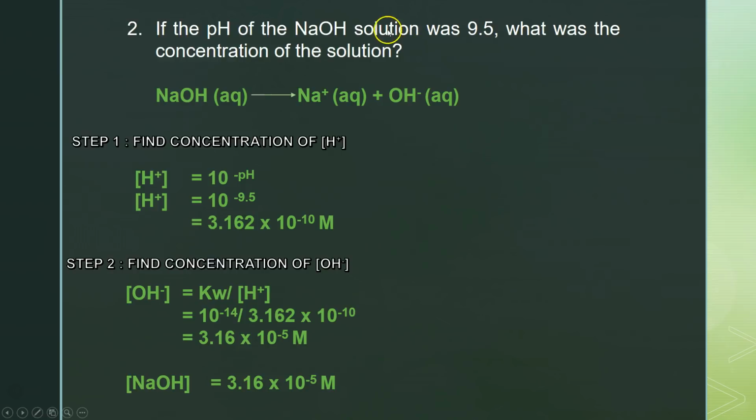Okay, because remember when they say the concentration of the solution, they mean the concentration of sodium hydroxide, not just hydroxide. Okay, so make sure you know the difference. So the concentration of the sodium hydroxide solution is 3.16 times 10 to the power of negative 5 mole per liter.